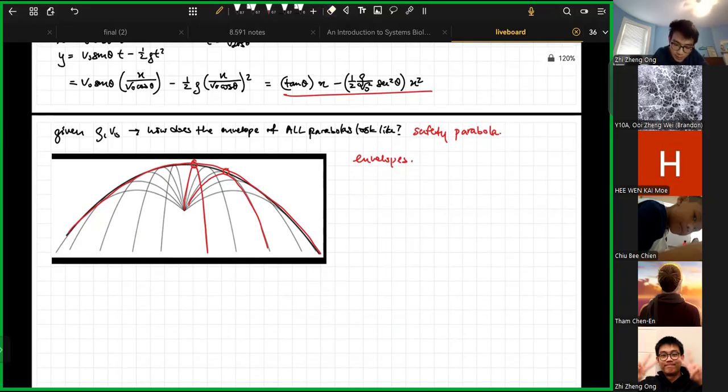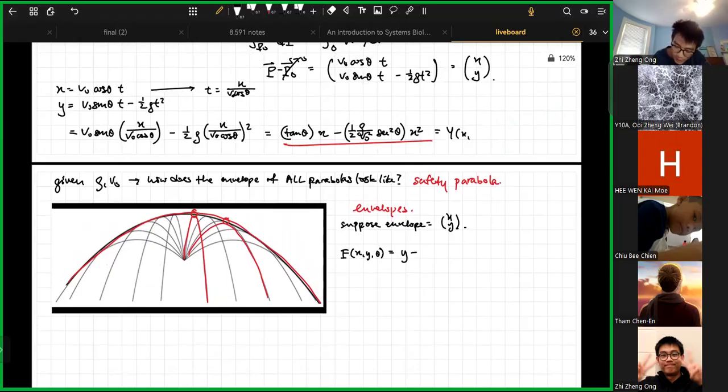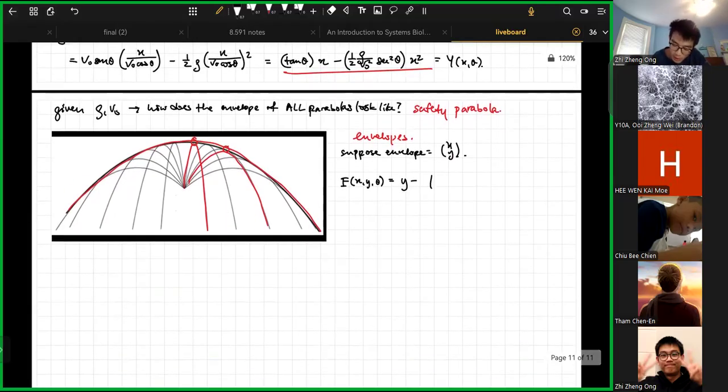Suppose the envelope is x and y. Then the contour that you can write, for the condition of a point to be on the parabola, is y minus some function of theta and x equal to 0.